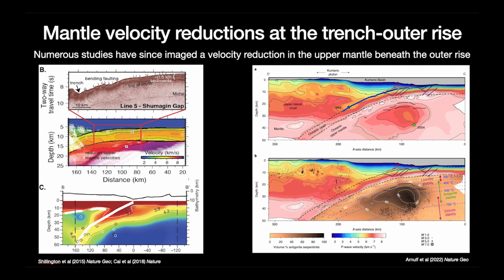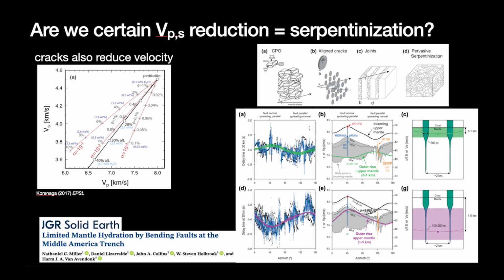The most recent of which I think is a really spectacular study using an epic data set, honestly. I encourage you to read it, where there's hydration in the mantle happening, not because of bending faults, but because the slab has to subduct beneath the pluton, forcing the plate to bend, which deforms it and lowers its velocity, meaning it's driving fluids down and serpentinizing this stuff, which is really, really cool. This is deep serpentinization, all because of subduction dynamics.